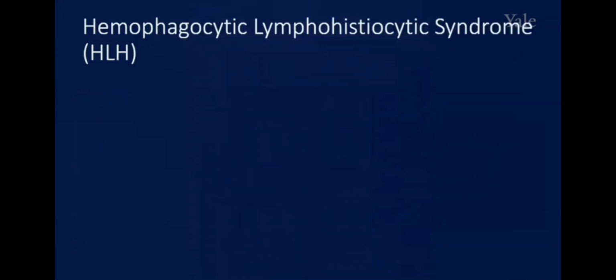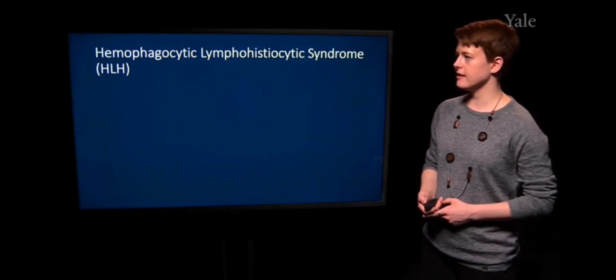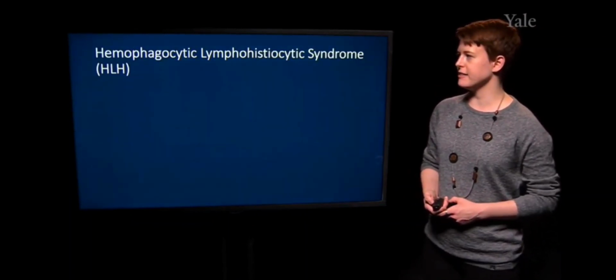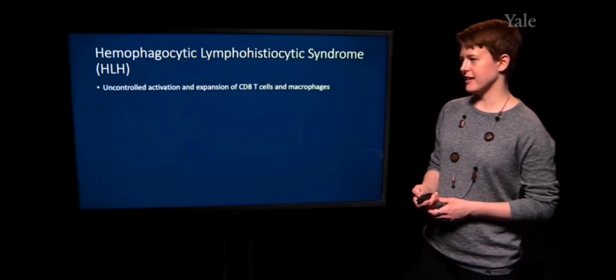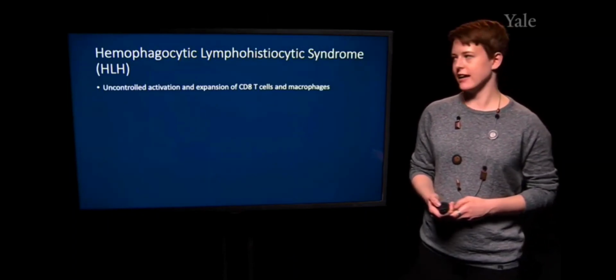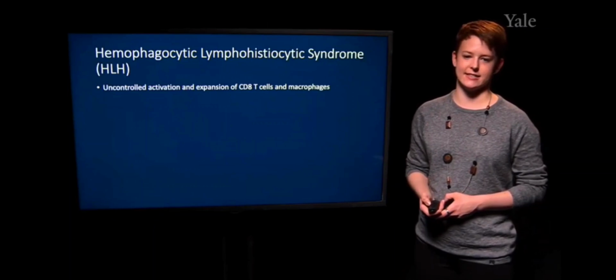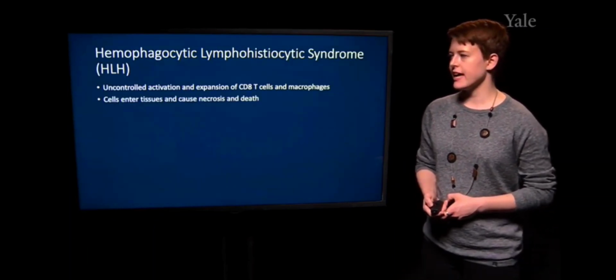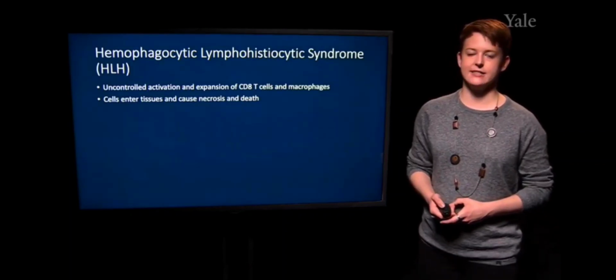So another immunodeficiency is Hemophagocytic Lymphohistiocytic syndrome. So this again has a really long name, but it essentially is marked by uncontrolled activation and expansion of CD8 T cells and macrophages. And these T cells, as you guys will remember from previous lectures, cause cell death and phagocytosis.